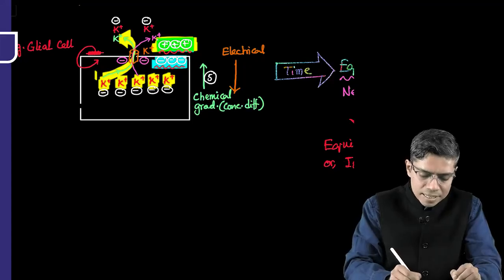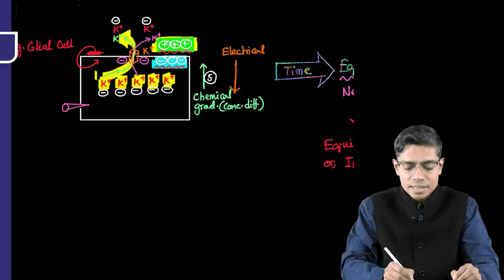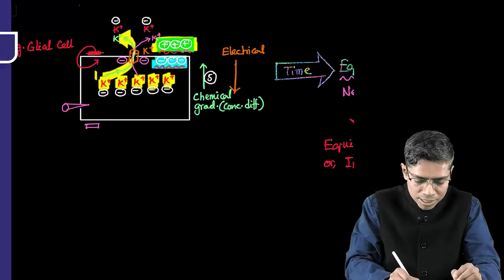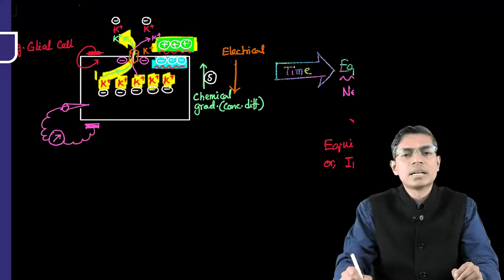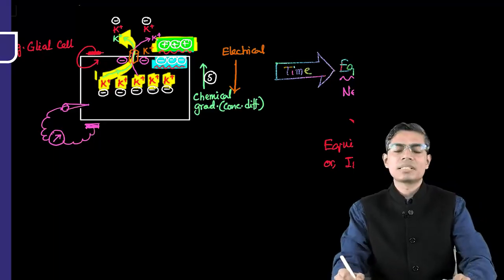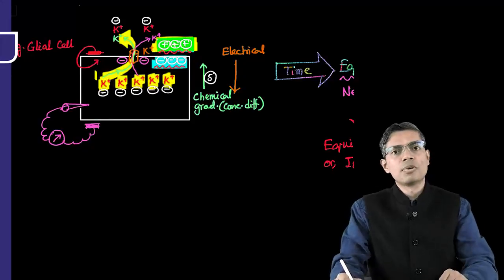Why not? Very easy. For measurement of this equilibrium potential, just introduce one electrode inside the cell, as we have discussed earlier, and place one microelectrode outside this cell. In between these two electrodes, if you connect one voltmeter, that will record the equilibrium potential. But suppose I don't have this microelectrode, I don't have this very sensitive voltmeter.